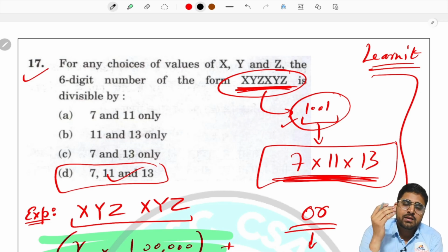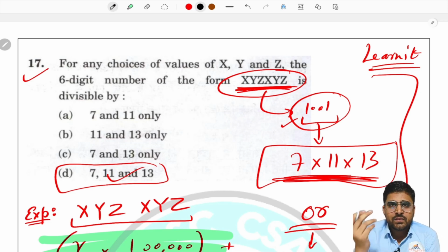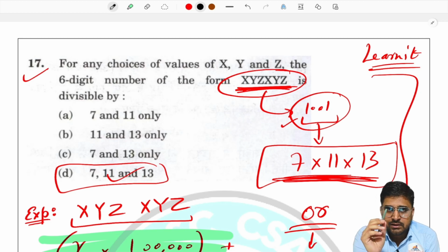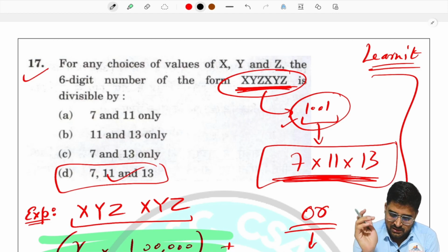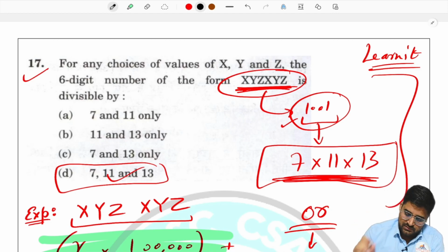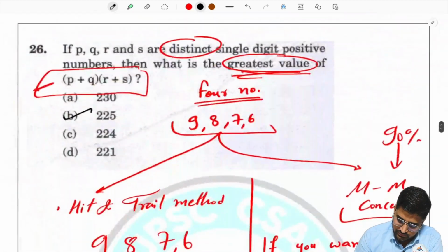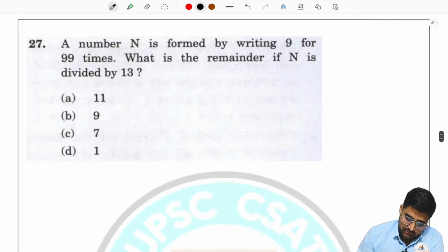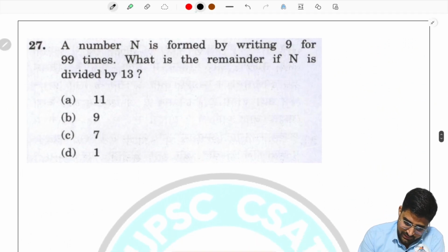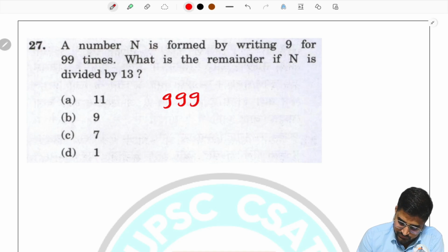So in the question, they are saying that there is a term 9 which is going to repeat 99 times. Basically, we have a 9 and so on, 99 times.